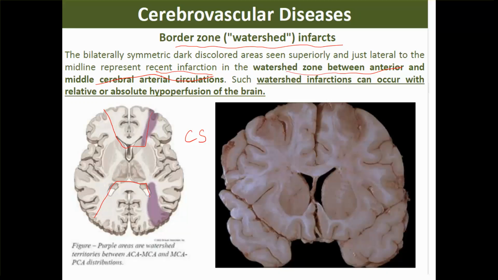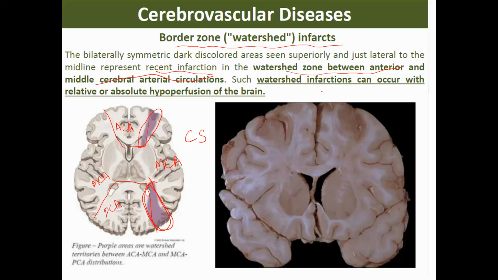This will be the area related to the posterior cerebral artery. This is the middle cerebral artery supply over here, and this is related to the anterior cerebral artery. You can see these purple colored areas here, and here also we can see a purple colored area. That shows that this is the watershed zone between the anterior and middle cerebral artery. And the one posteriorly is related to the watershed zone between the middle cerebral artery and the posterior cerebral artery.